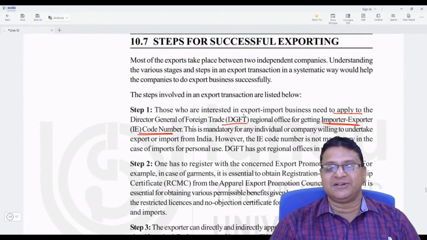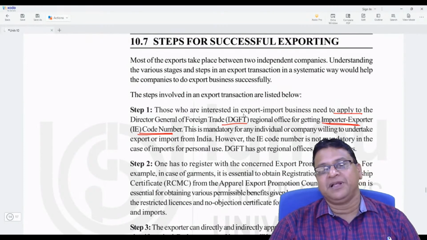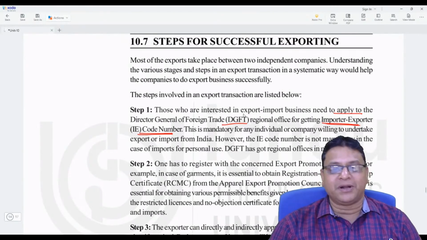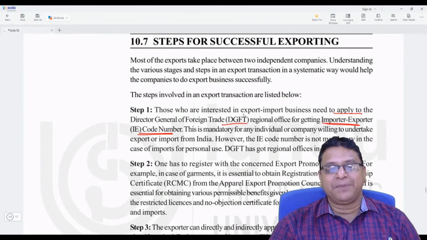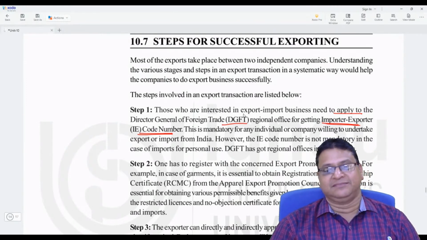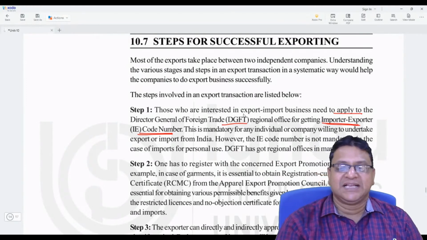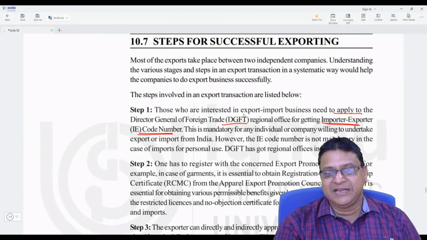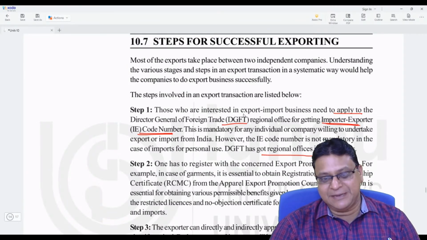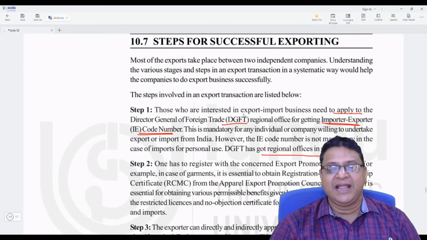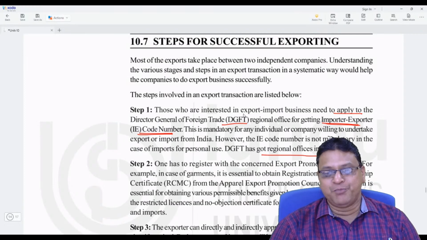If you want to do international business, you must have an IE code number. The IE code number can be obtained by applying to DGFT. DGFT has regional offices in many states. You can approach the regional office of DGFT and obtain the IE number. IE number means import-exporter code number.